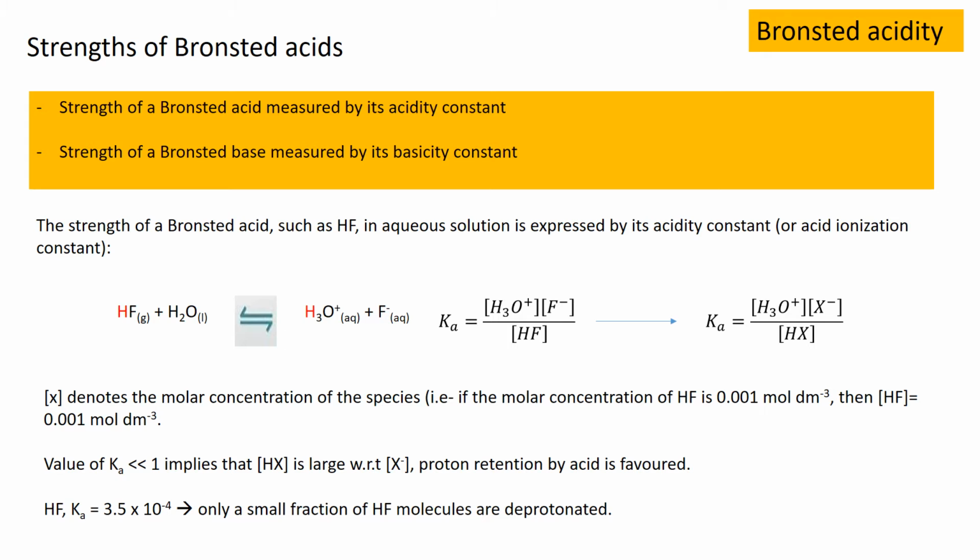So look at the value for the acidity constant for hydrofluoric acid. It's 3.5 times 10 to the minus 4. That's well below 1, and what that's telling us is that only a small fraction of HF molecules are deprotonated in water. Of course, the fraction of deprotonation of HF molecules is a measure of its strength.